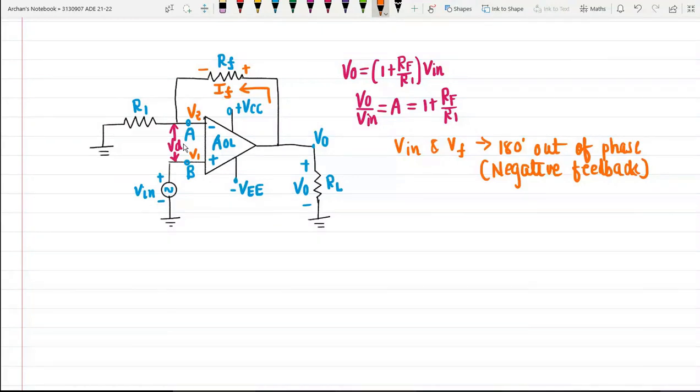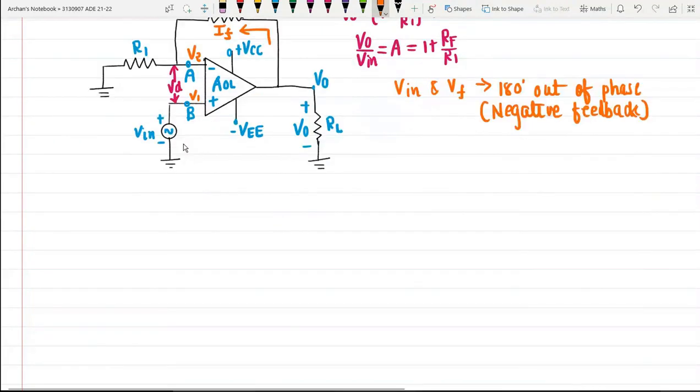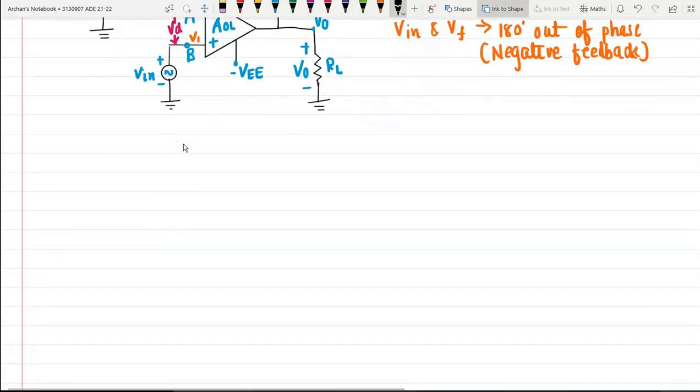Now why it is called so? For that, again we will consider the simple circuit which we have already considered in case of inverting amplifiers also. Inverting amplifier was known as voltage shunt feedback amplifier, while non-inverting amplifier is known as voltage series feedback amplifier. So let us understand why it is called.